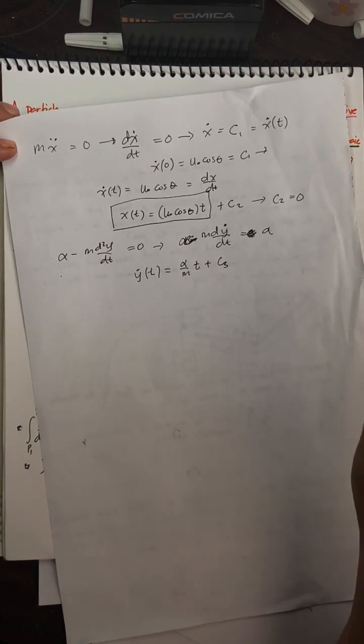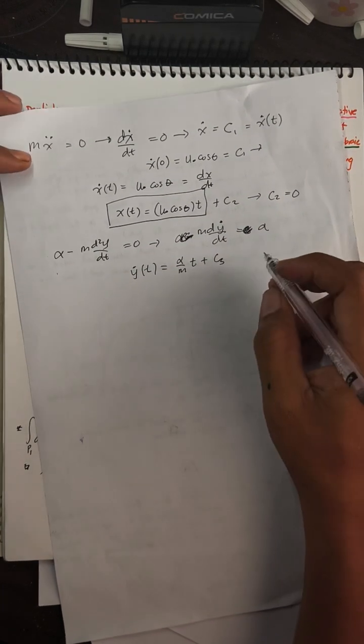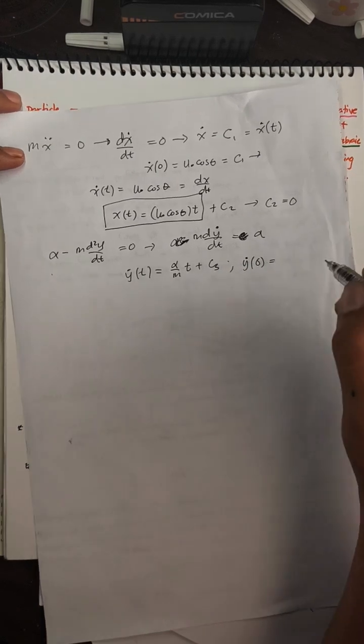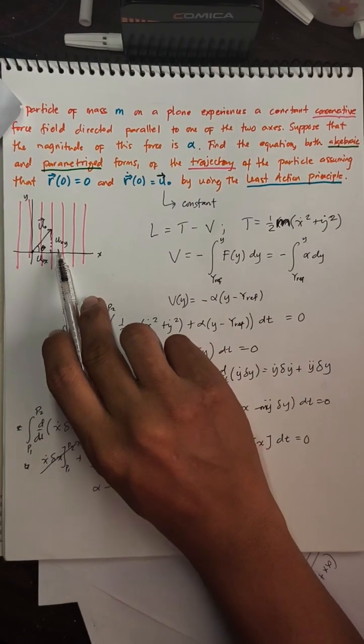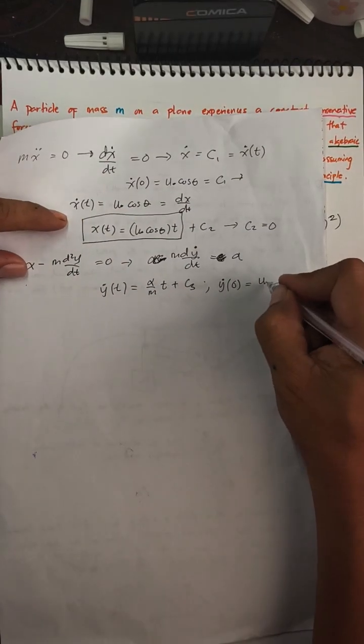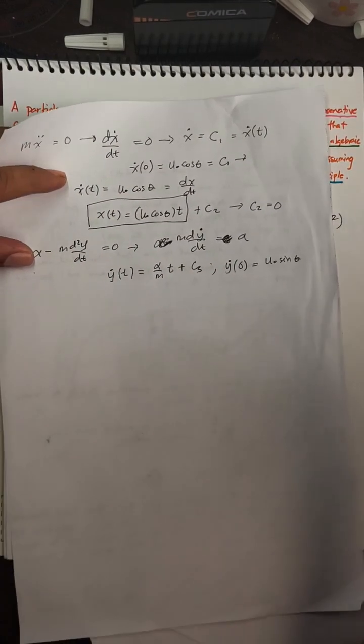I'll use c3. And apply again the initial velocity. Notice that y dot of 0 is equal to u naught y, which is u naught sine of theta.